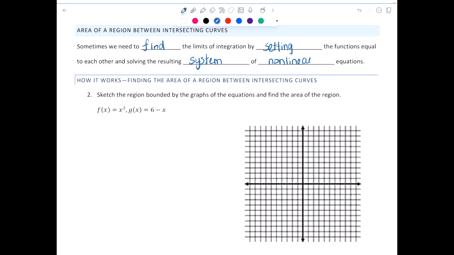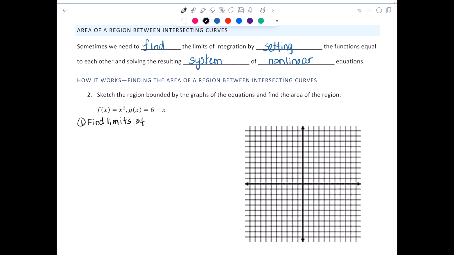And let's see how it works. So first we're going to sketch the region. This one, I'm looking that we have x squared. So actually, you know what? Let's just go through and find the limits of integration.